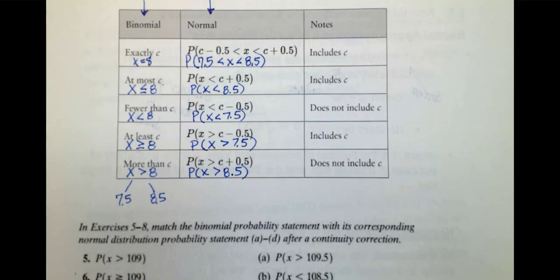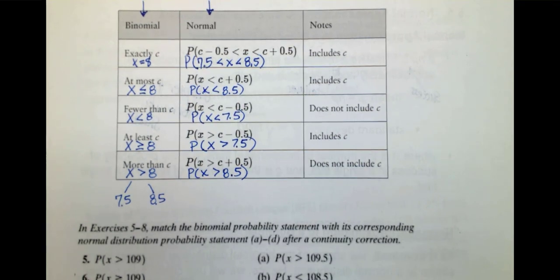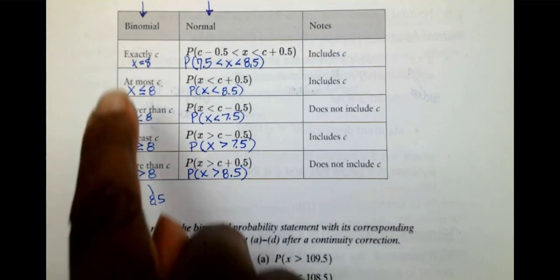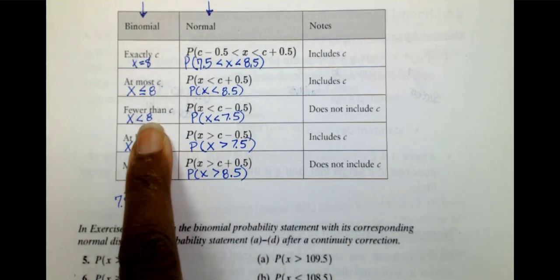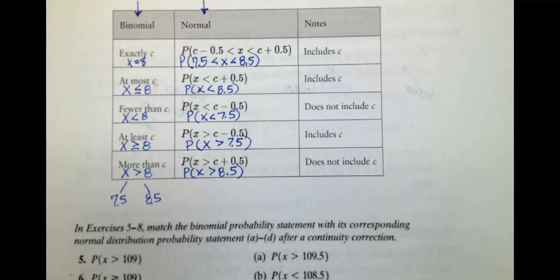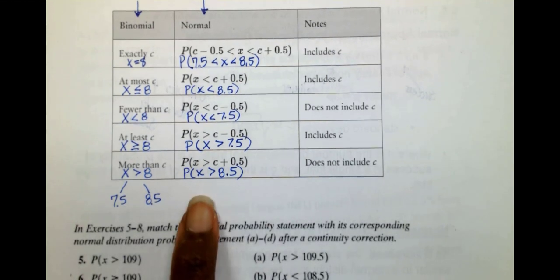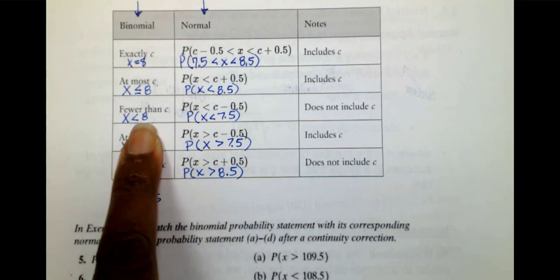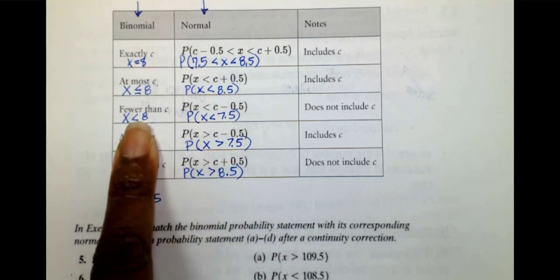So here's your shortcut. Let me make sure I get it right. So when you are looking at your probability inequality, if it includes a number, then we're going to choose a number.